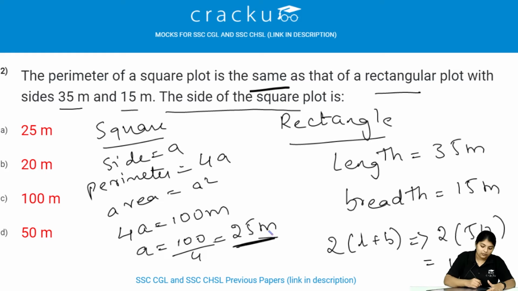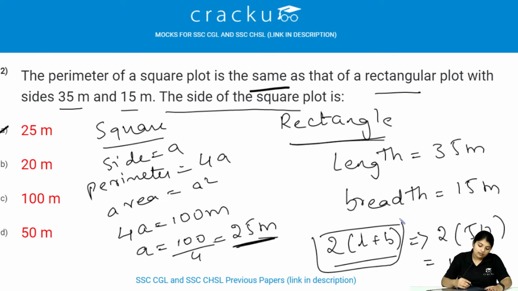Therefore, the answer is option A. Hope you are clear with this. For this question, you need to know the basic formulas: the rectangle perimeter, that is 2 into (L plus B), and also the square perimeter, that is 4A, 4 into side. Answer is option A.